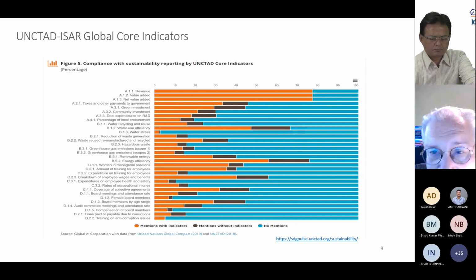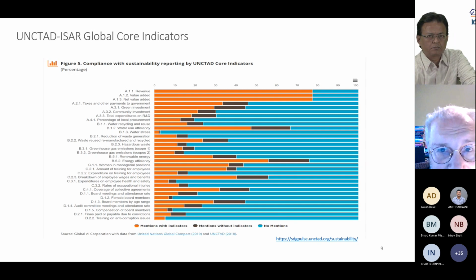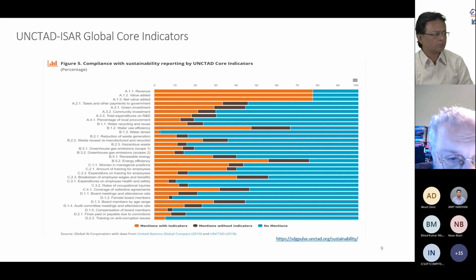And we see in this diagram, based on these indicators and the sustainability development goals in the other coordinates here, you can see in all companies, in all organizations, what happens with the mentions of indicators.